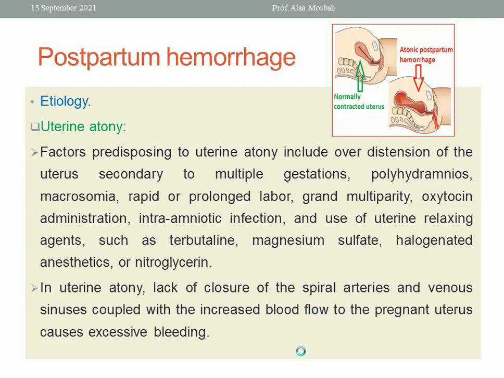In uterine atony, there is lack of closure of the spiral arteries and the venous sinuses, coupled with the increased blood flow to the pregnant uterus, which causes excessive bleeding.